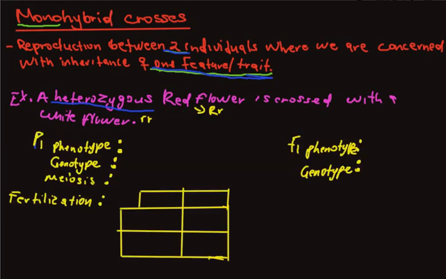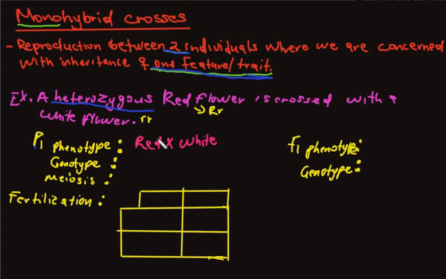So let's try and answer the question. We already have our phenotypes, because in our crossing we need the phenotype. So we are crossing red with white. That's our phenotype. And if you see red, white, that is color.